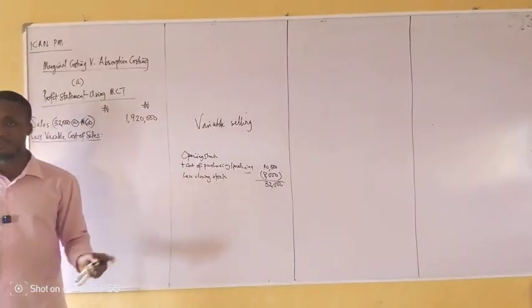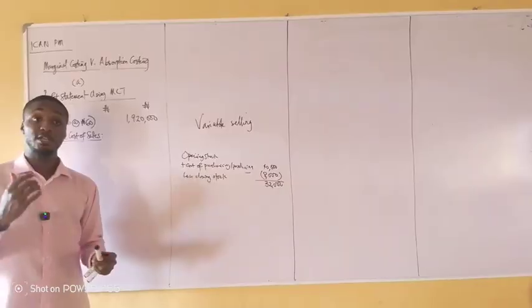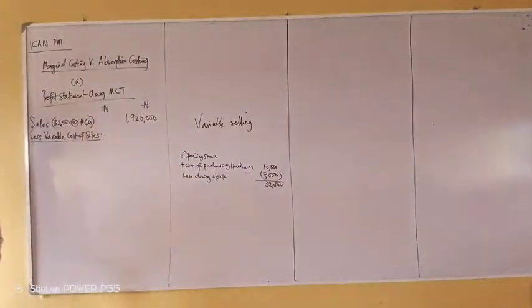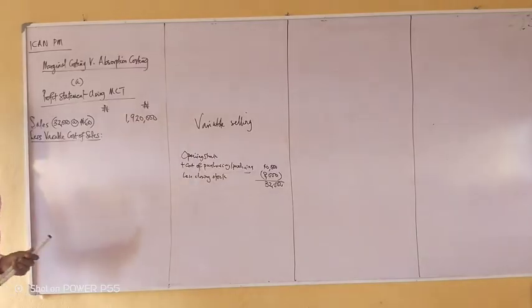It should still give you the same answer, but the presentation is more accurate, so that the examiner knows this is what we spent to produce, and this student knows that we produced 40,000 but sold only 32,000. Hence, the remaining 8,000 is deducted as closing stock. So that's the one we would follow.